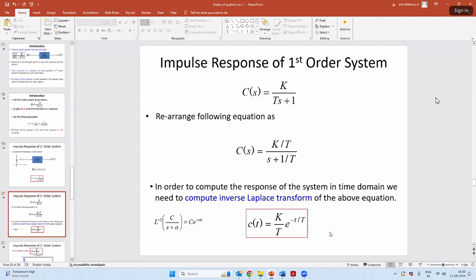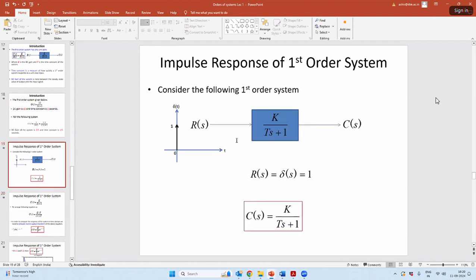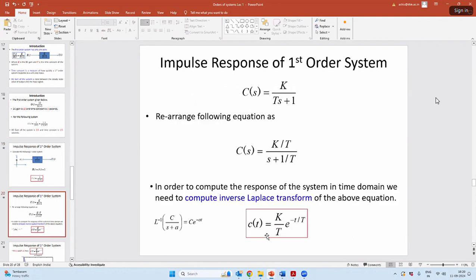So for an impulse input signal, your output in the time domain is the gain divided by the time constant, times e to the power minus t divided by the time constant. This is how the output changes with time for an impulse input.